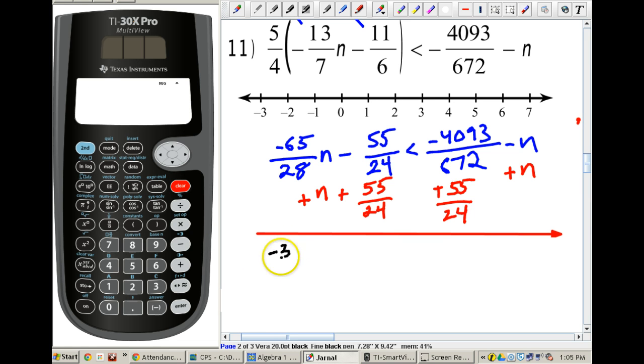Okay. We have less than. And, okay, we got a negative 4,093 over 672 plus 55/24. Yeah, again, I need that calculator, right? Gotta need that.